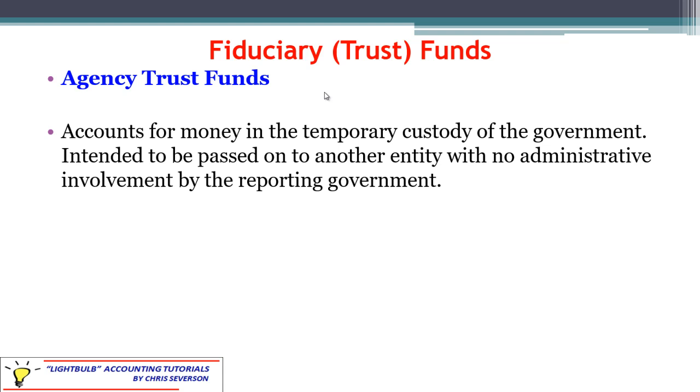So in other words, this government that's setting up this fund, they're supposed to be a pass-through entity only. They shouldn't be administering it at all. They shouldn't be taking the money, investing it like we did with the pension fund, determining how much should go to each retiree. That should not be involved in an agency fund. They're just holding on to the money and passing it right on. That's the difference here.